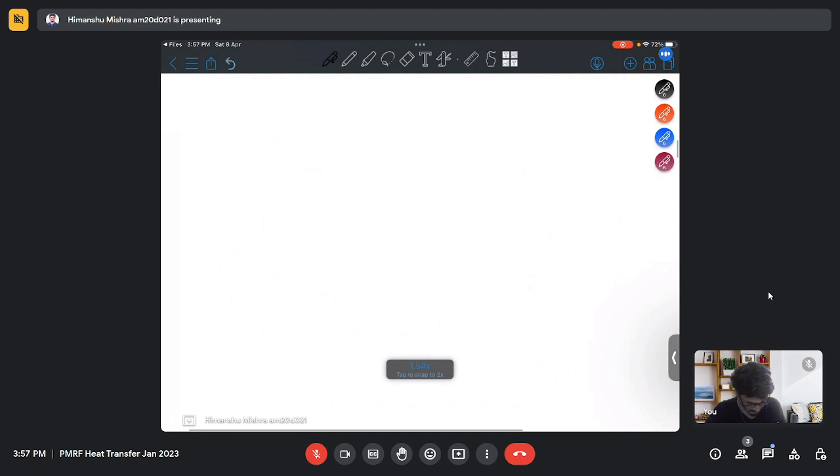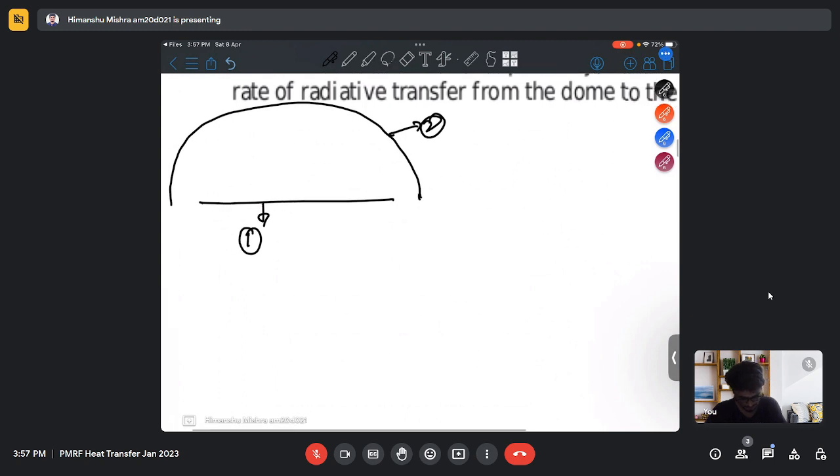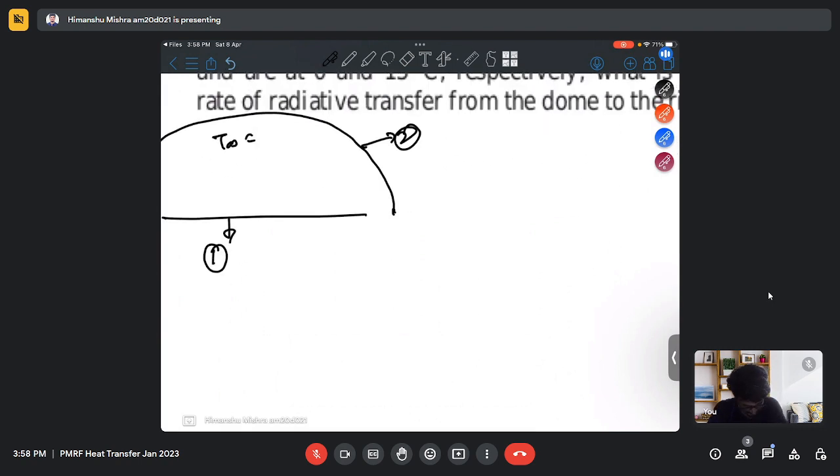So we are given an ice ring and there is a dome above it. So let's say this is my surface 1 and this is my surface 2, and the air is at temperature T infinity, which we have not been given. So surface 1 is at temperature 0 degrees Celsius and surface 2 is at 15 degrees Celsius.